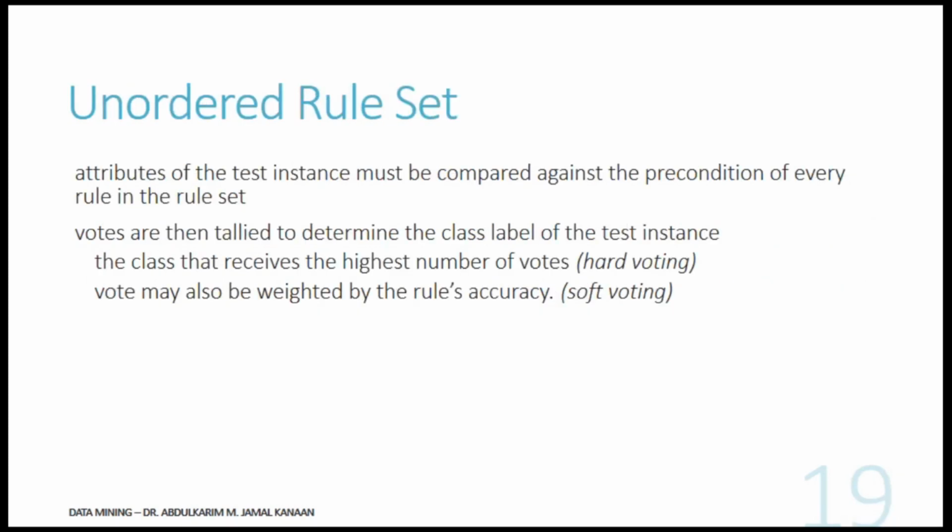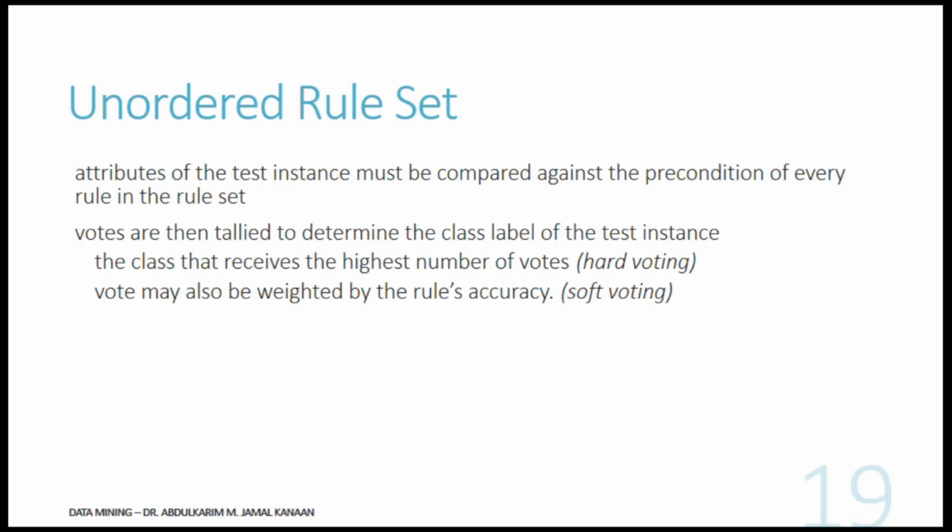Now, for an unordered rule set, we have two types, hard voting and soft voting. Hard voting means I look at each rule, and each rule has the same voting weight. Like if you are going to an election, as I mentioned before, each one of you carries the same weight, the same power, right?